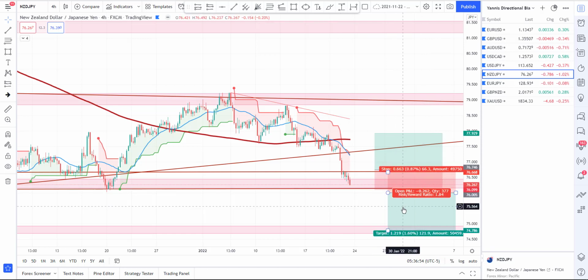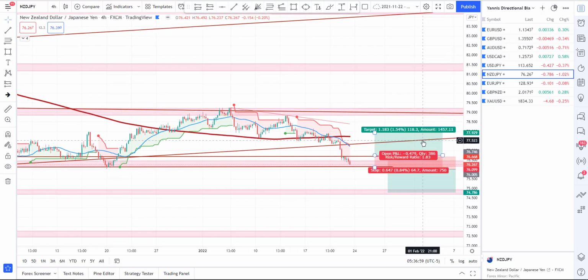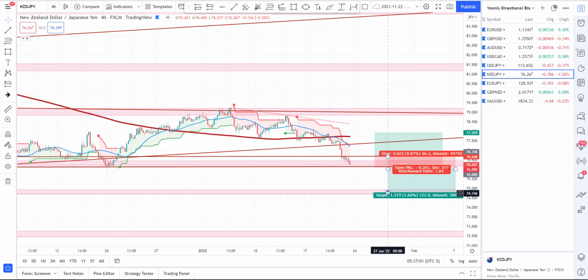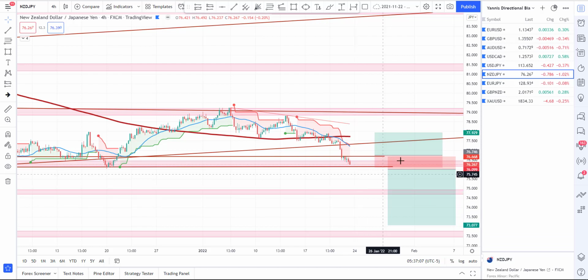But remember that the short scenario also has a very good second option, which would be a final target around 73. I would keep it around that round number.